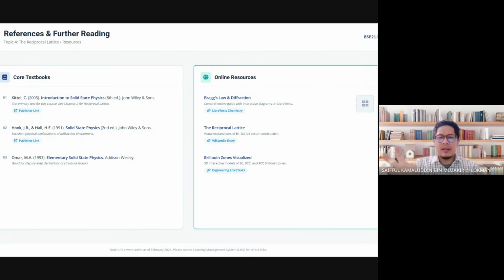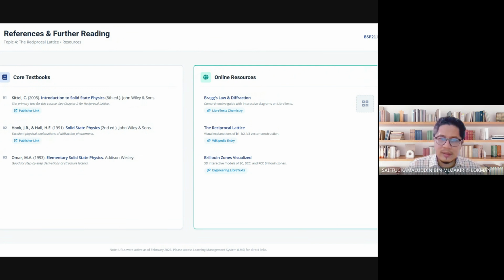But if you still hunger for more information about material physics or mathematical physics, you should start with Kittel, Hook and Hall, and Omar. That will be the main textbook for material physicists.